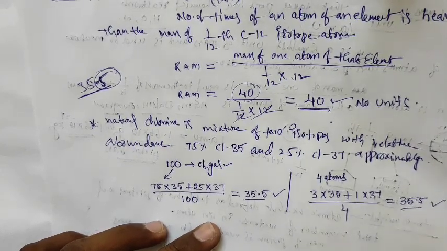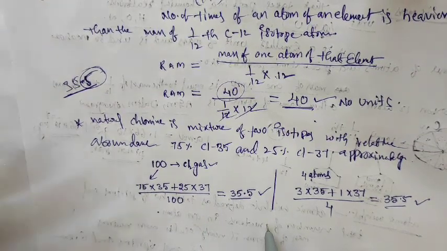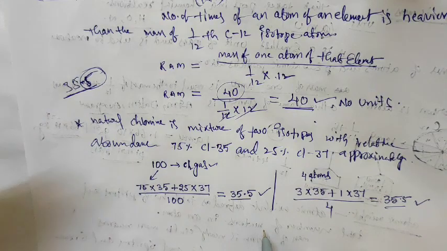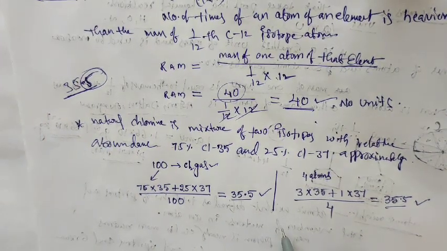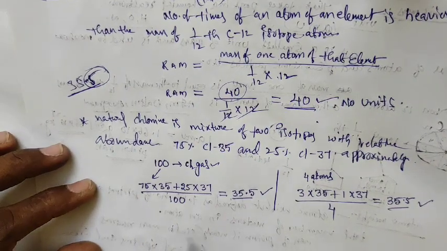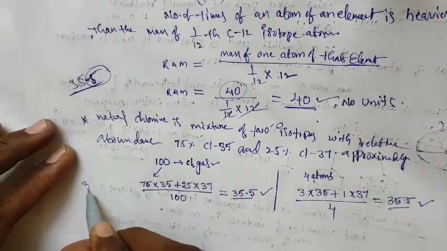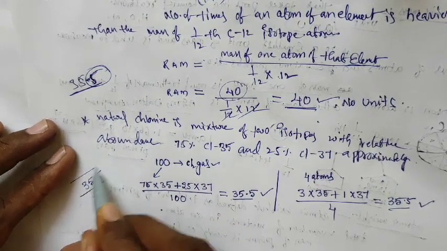Fractional atomic masses will come. The reason is isotopes: the average atomic mass of all the naturally occurring isotopes. This is the reason atoms have fractional atomic masses.